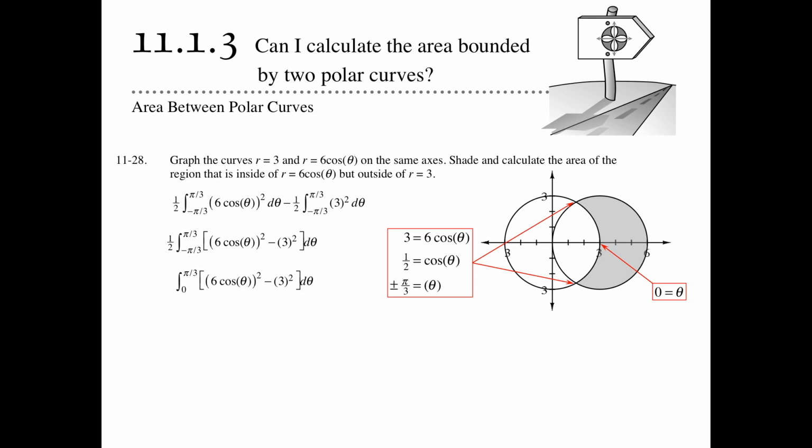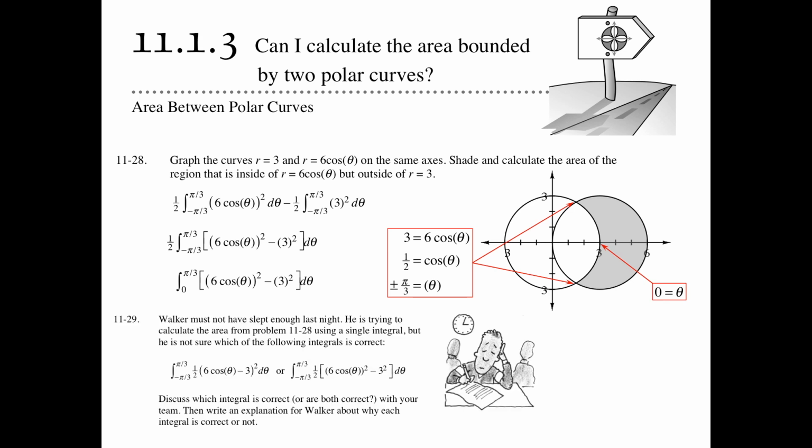However, that doesn't mean there aren't wrong ways to set up integral expressions as well. And problem 11-29 explores a common error that students often make in situations like this and gives teams time to discuss why this particular setup will be incorrect and if that was the strategy that they used in the previous problem, will give them the opportunity to revise their work if necessary.